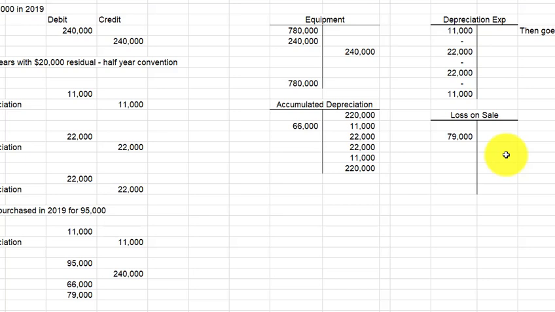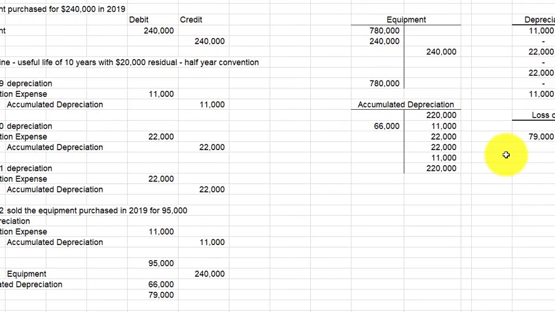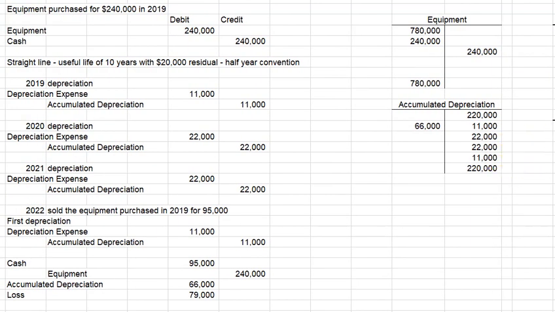Okay, so I haven't shown the whole accounting equation. Hopefully we can picture that in our mind, just the T accounts we're concerned about. So we bought this equipment for $240,000 in 2019. Debit equipment, credit cash. Okay, so we debited equipment, and I didn't do the cash T account. We would credit in the cash T account.